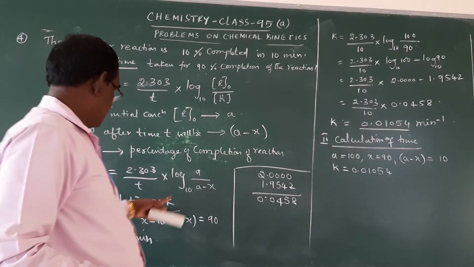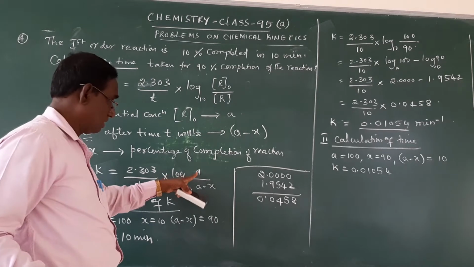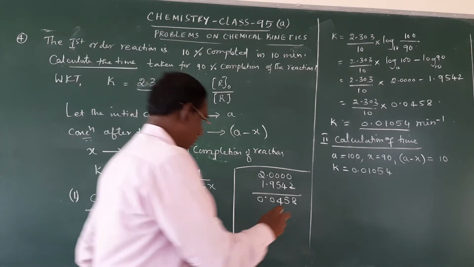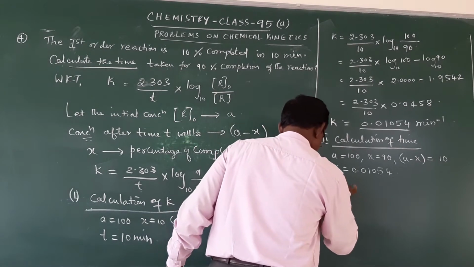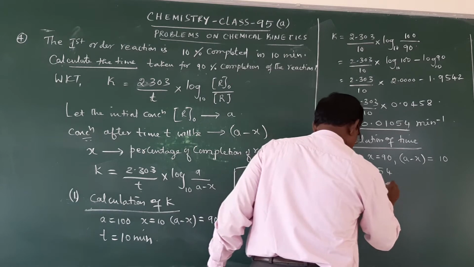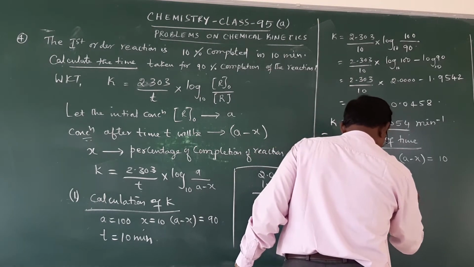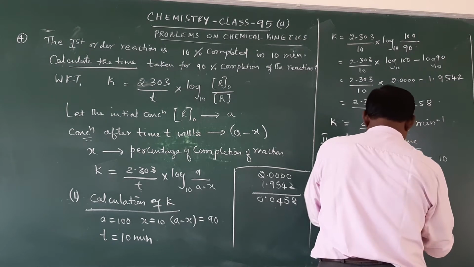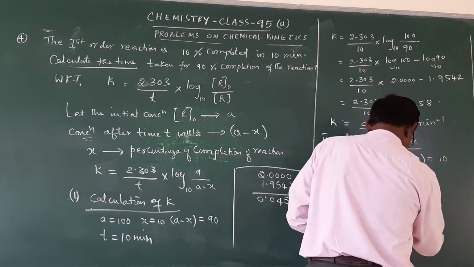A is known, A minus x is known, k is known. You have to take t. Therefore, t is equal to 2.303 divided by k into log A divided by A minus x, that is 100 divided by 10, to base 10.